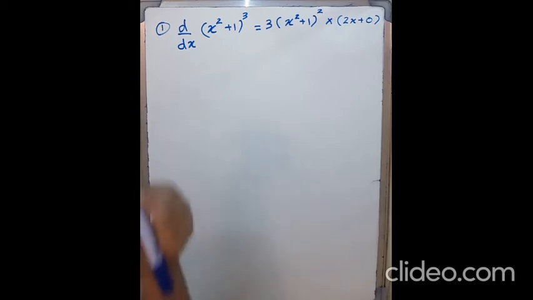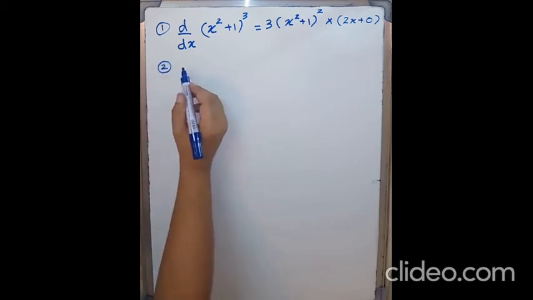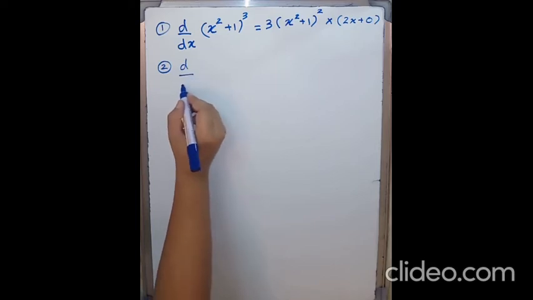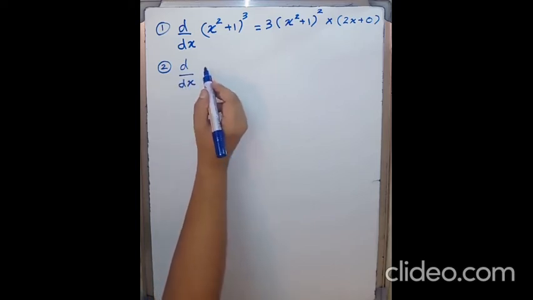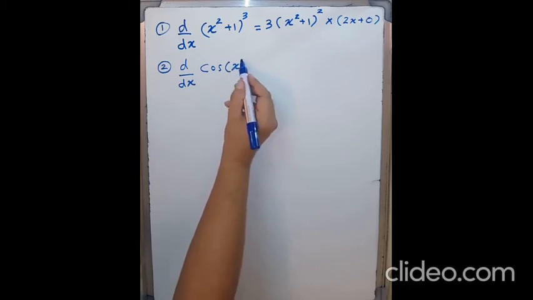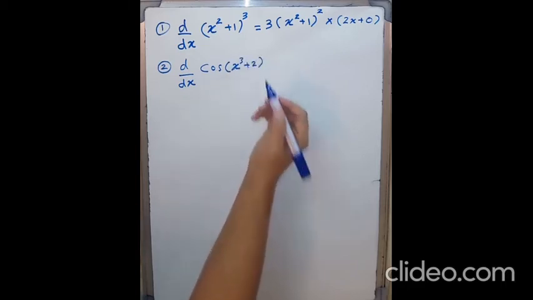Let us see some more examples. More we practice will make us better. d by dx of cosine of x power 3 plus 2.